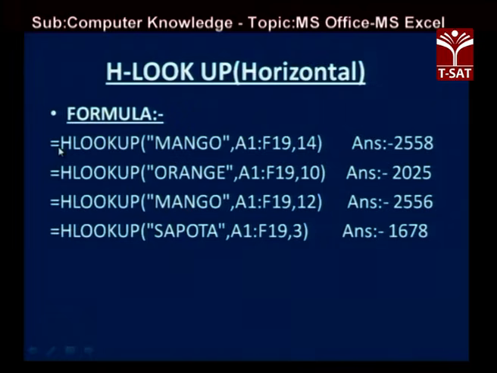Equals to HLOOKUP, the equals sign is a must for every formula in Excel. HLOOKUP of, within inverted commas, whenever we have to write characters. So here, use compulsory double quotations, "mango", A1 to F19. A1 to F19 is the table range, the starting and ending of the table.